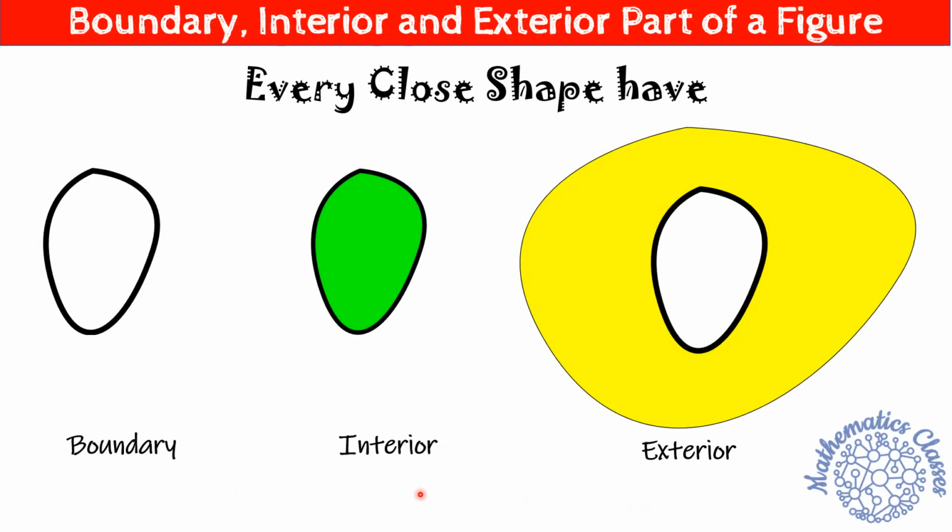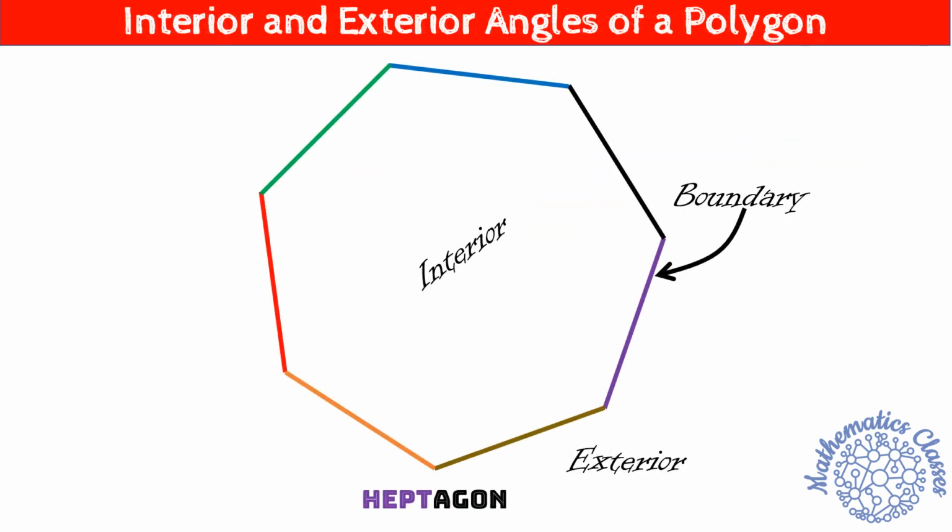But before that, we should know what interior and exterior angles are. In the lecture Classification of Polygon, we learned that there are three terms associated with a simple closed curve: boundary, interior and exterior. Here we have one heptagon made up of 7 sides. So this is the boundary.